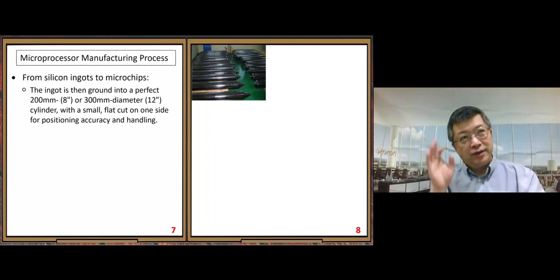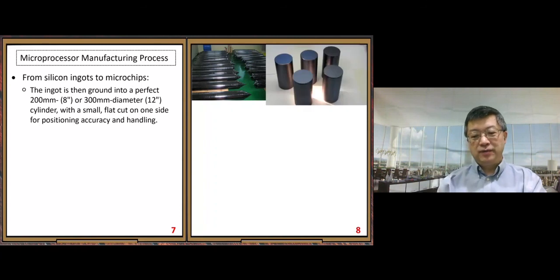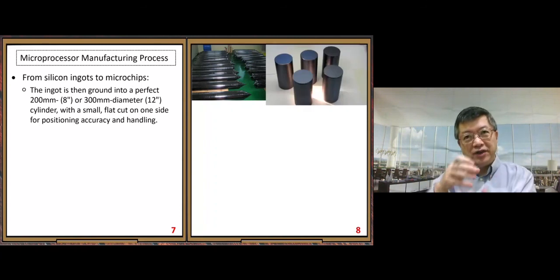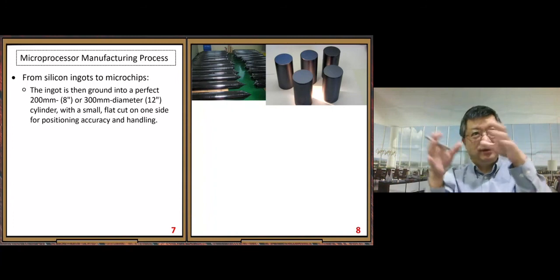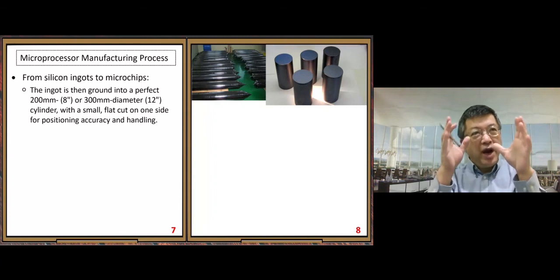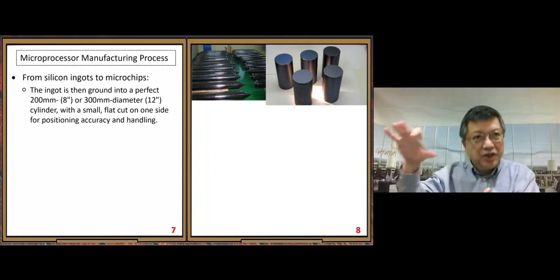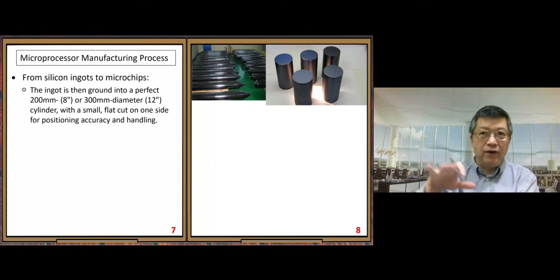After processing, you get this kind of perfect-shape cylinder, very nice, ready for slicing into wafers.